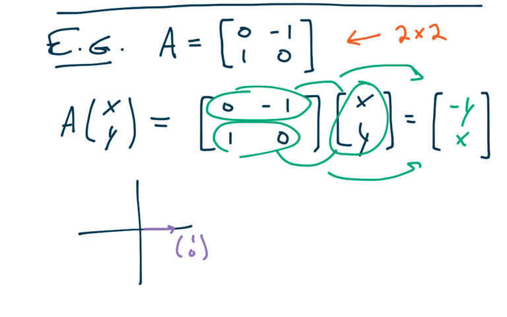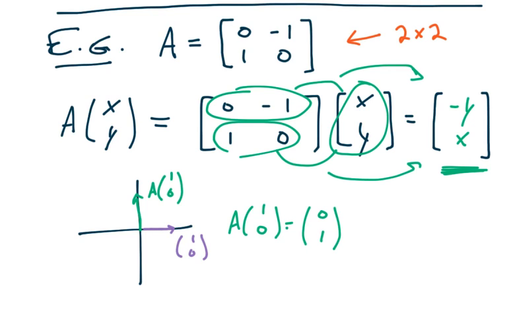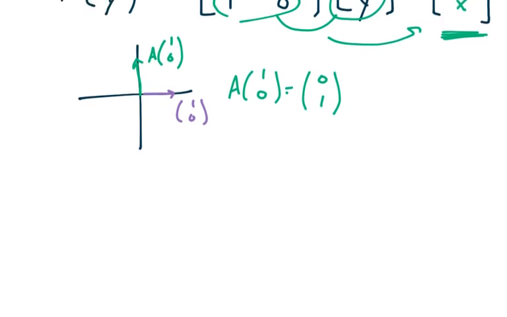We can just write it out. A of 1, 0, based on this formula we just figured out here, is going to be the vector 0, 1. Alright, so A of this vector is going to point straight up. Alright, so this is A of 1, 0. Alright, let's draw another example.